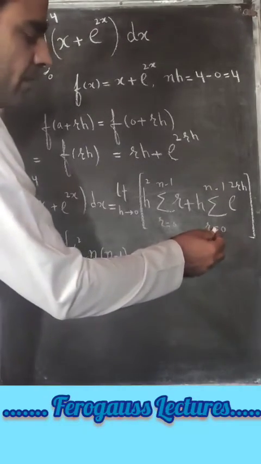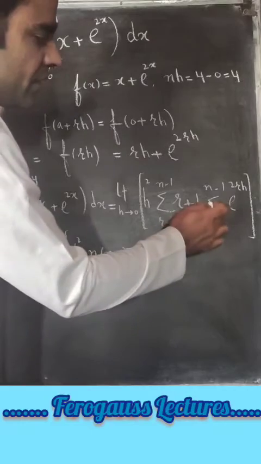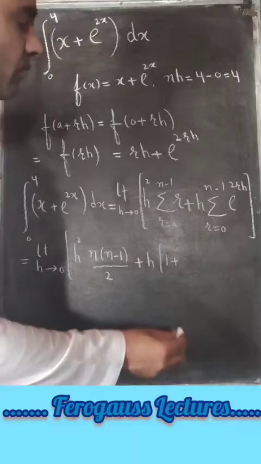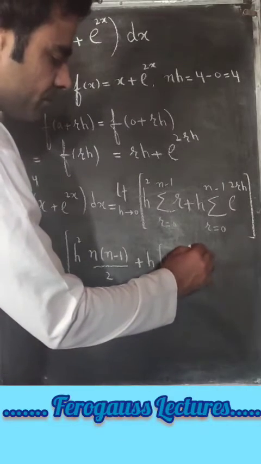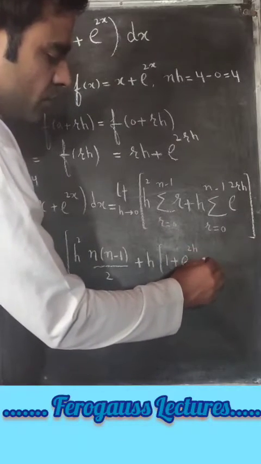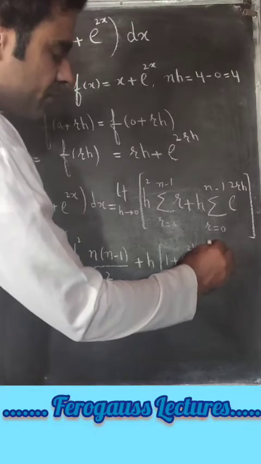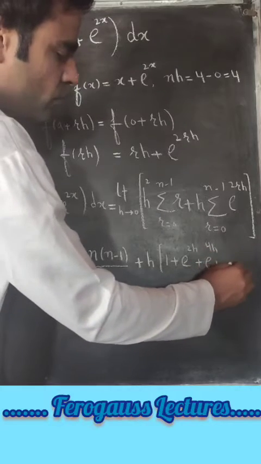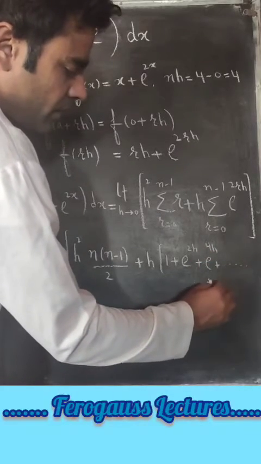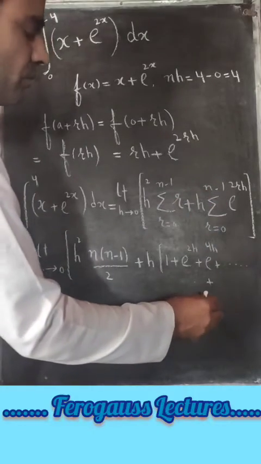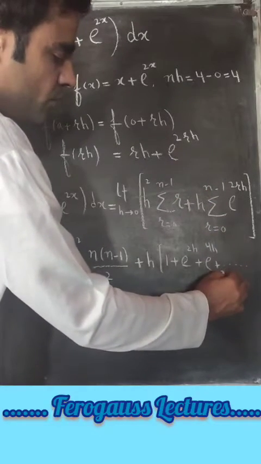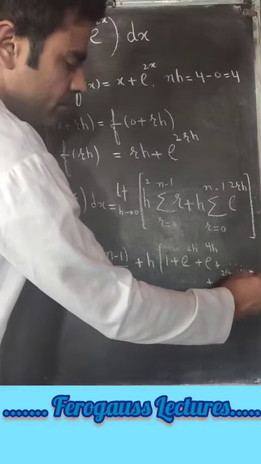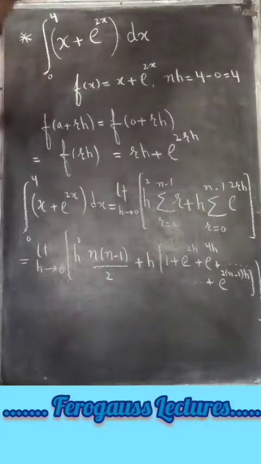Now here, when r is equal to 0, we get e raised power 0, that is equal to 1. When r is equal to 1, we get e raised power 2h. When r is equal to 2, we get e raised power 4h, and so on. When r is equal to n minus 1, we get e raised power 2 times n minus 1 times h.